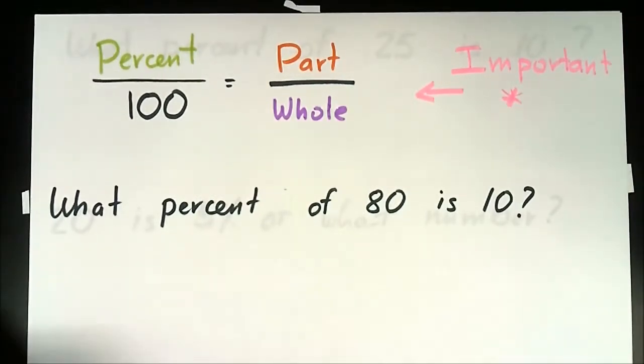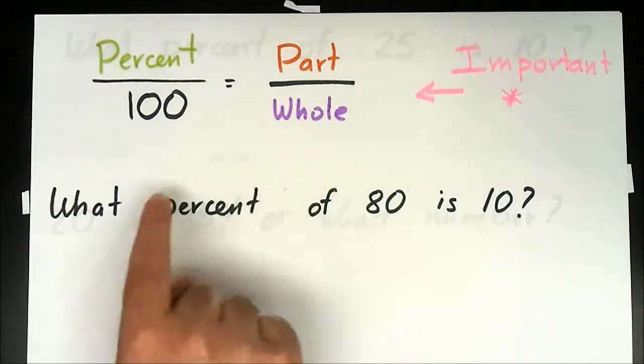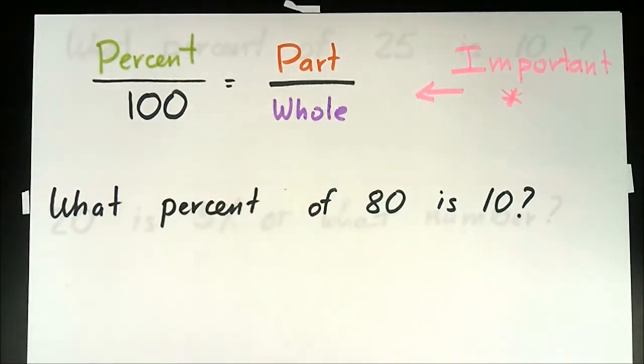Right here, it says what percent of 80 is 10? Which part are they looking for on this proportion? Which part is missing for us? We're missing the percent portion, this one, the green.